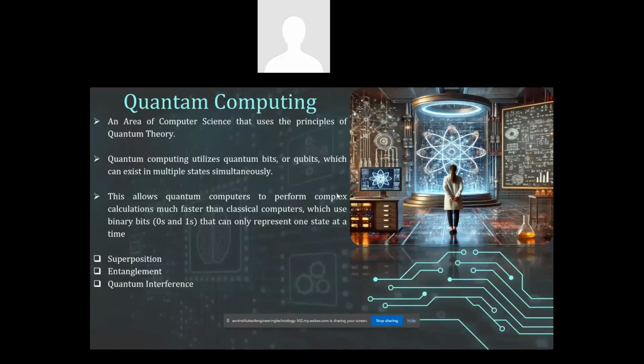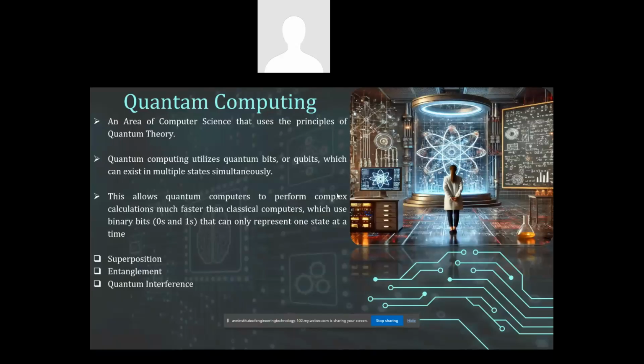Through quantum computing, we are solving complex issues and complex data. Even when it is very huge data, we can process it very quickly compared to classical computing.